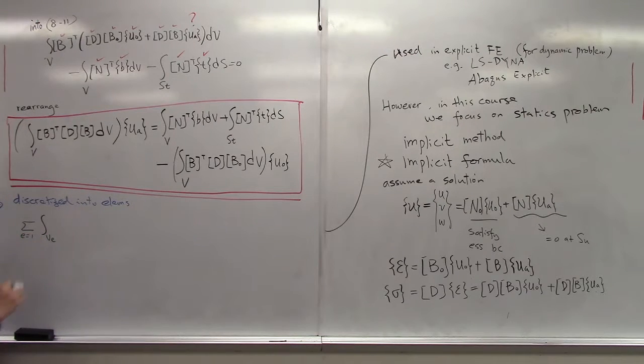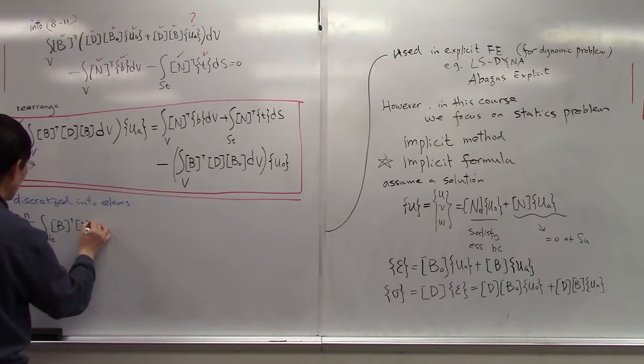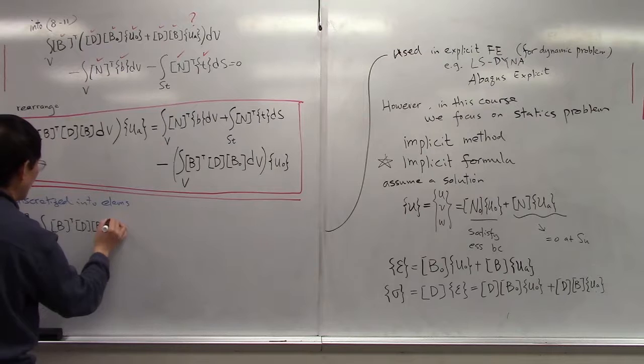Element is from the first one up to the number of elements. We can use small m, or we can just write it as n. We write it this way. And here will be B transpose D, and then B, and then dV.